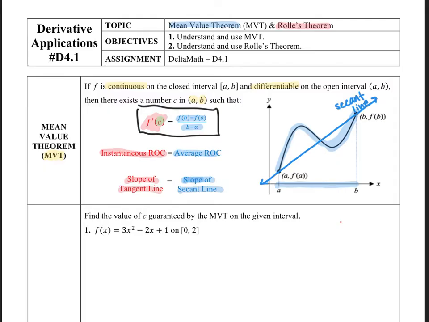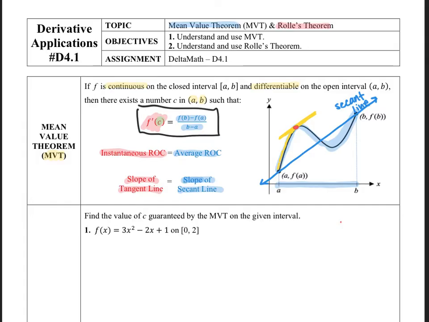If you start on the left side of this curve and imagine what the tangent lines would look like at various points, you can see, I'm drawing them in yellow here, that as I approach this maximum point right here, there's a place just before I get to the maximum that if I draw that tangent line, it is going to be parallel to that secant line and therefore have the same slope.